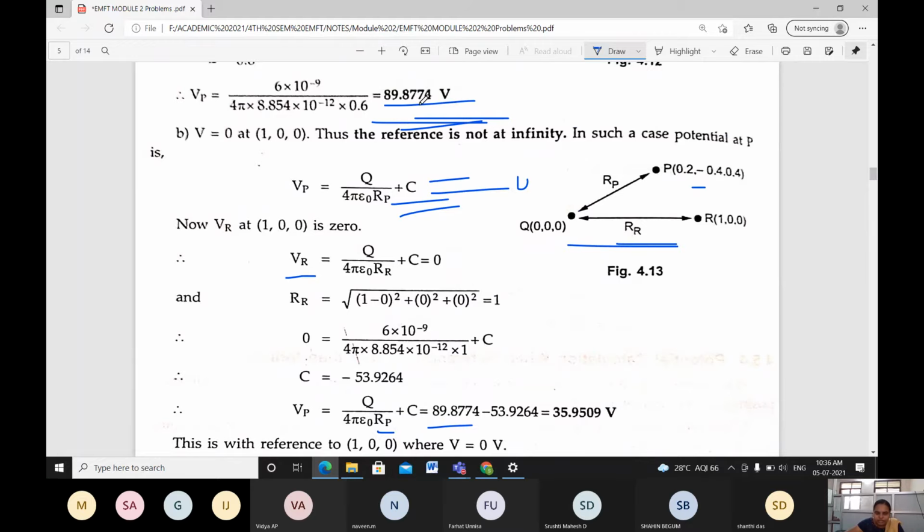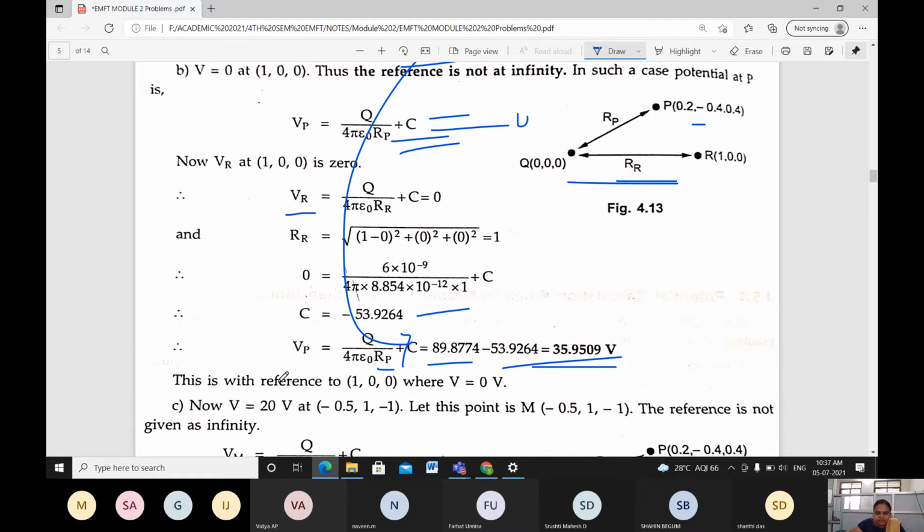Since it is already calculated, we take that value directly. Q divided by 4 pi epsilon naught times Rp is 89.8774, minus the value you got in the previous case, 53.9264, so you get 35.9509 volts. This is how you should calculate the values.